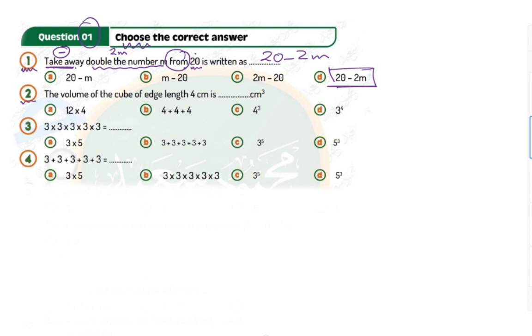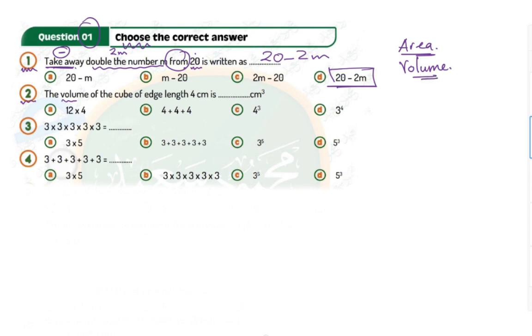Point number 2. The volume of the cube of edge length 4 centimeter is blank centimeter cubed. Now we have volume. We have something called area, another called volume.